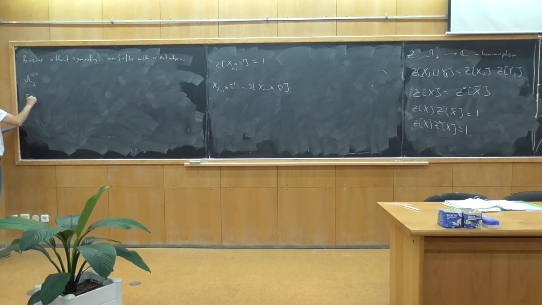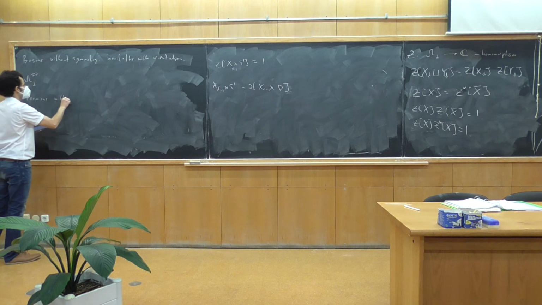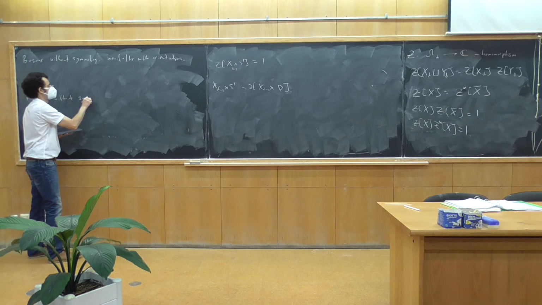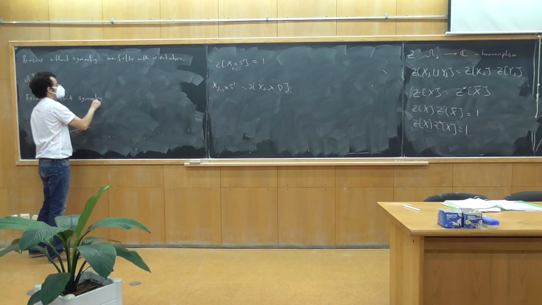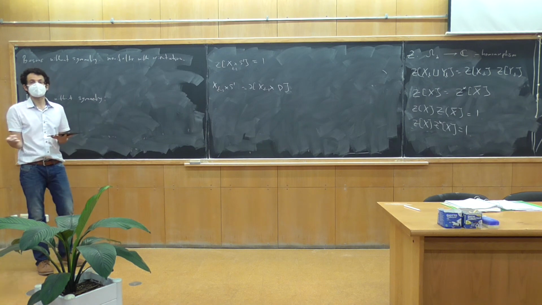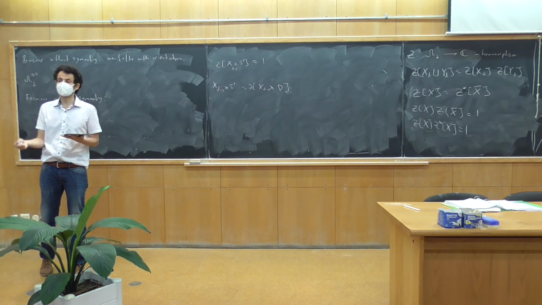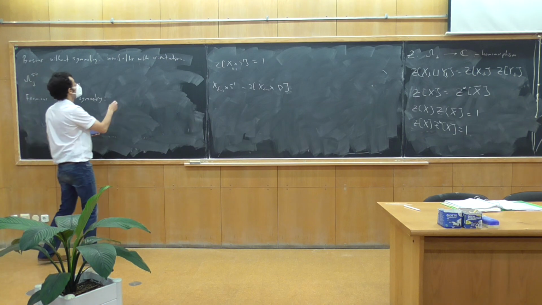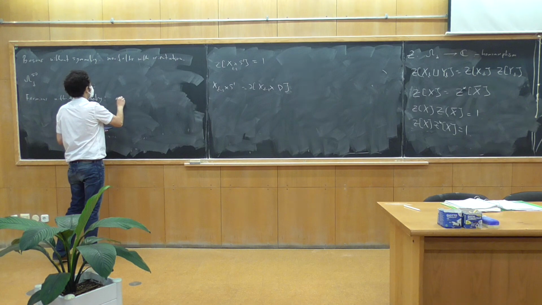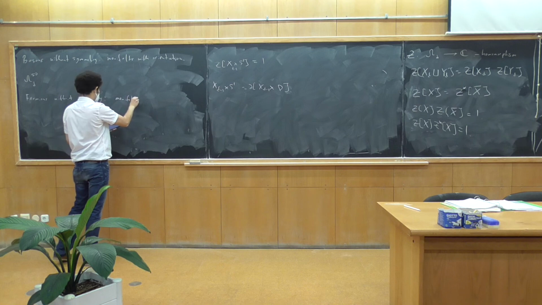Fermions without symmetry: well, we need a spin structure to put a fermion on a manifold, so we think about the bordism group of manifolds with spin structure.